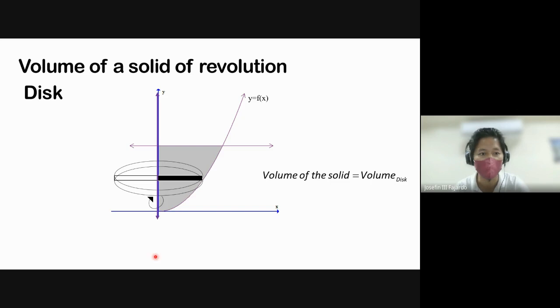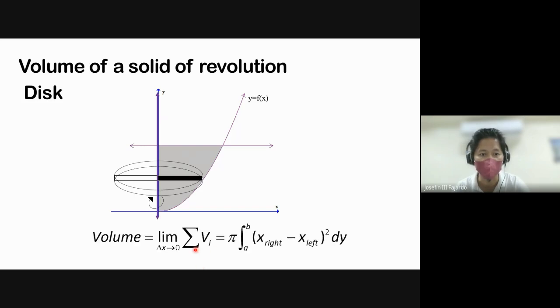Hello? So if you try to find the area and the volume of this, you just have to consider this. Okay? Saan nakuha itong x right minus x left squared na to times pi? So parang imagine you have a pi r squared h. Okay po ba?